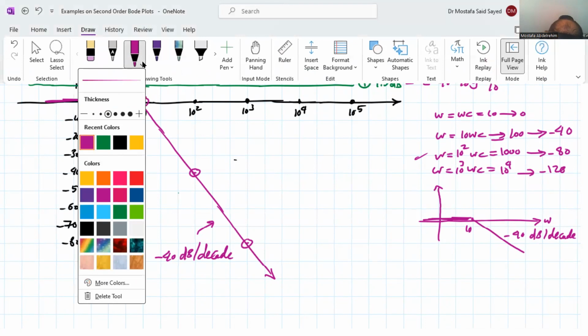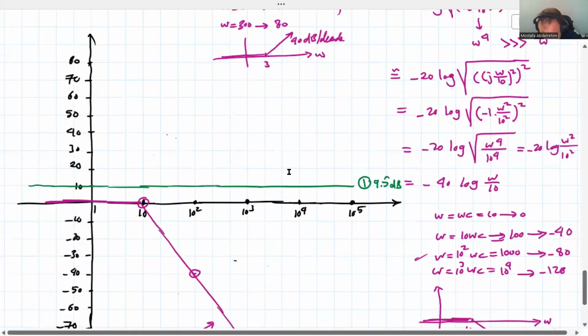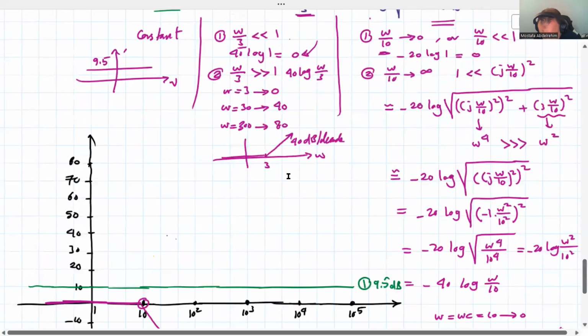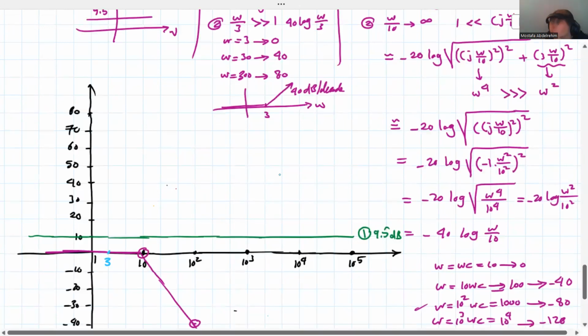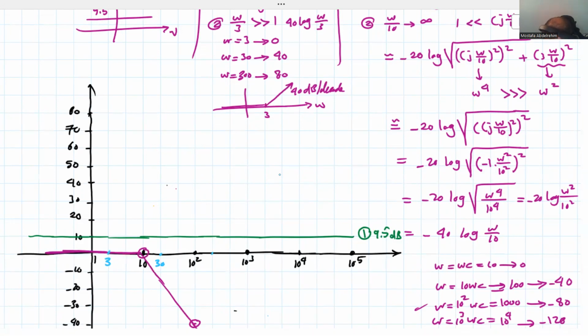Finally, the ugly one. We're going to draw it, for example, with this light blue. Until 3, when omega is much less than 3, we have 0. For example, that's the 3. We have now another scale: 3, like 30, 300, 3,000, 30,000, and so on.